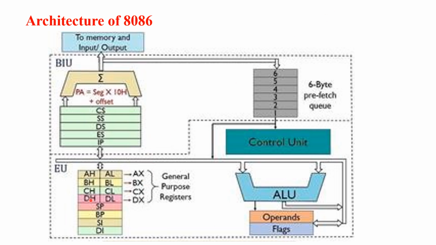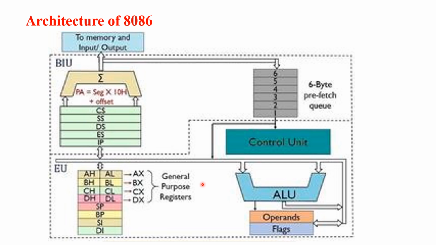In the execution unit, the execution unit handles executing instructions. It gets instructions from the BIU, decodes them, and then performs the required operation. Some of the key features are general purpose registers. These are used for various calculations and temporary data storage.